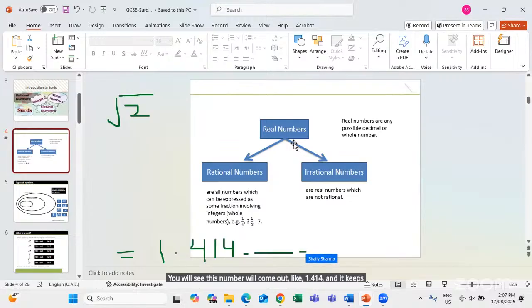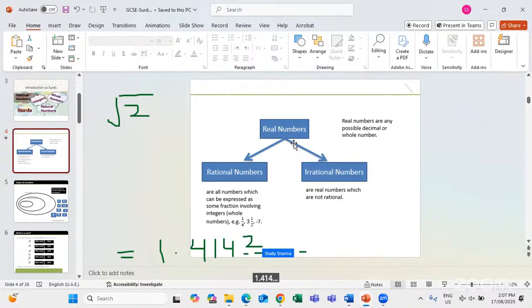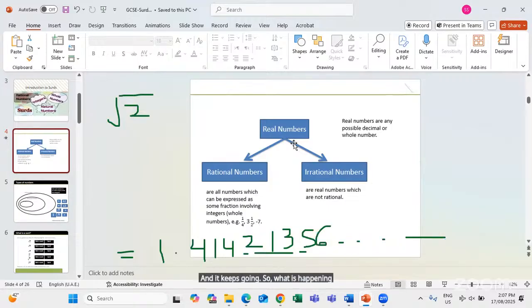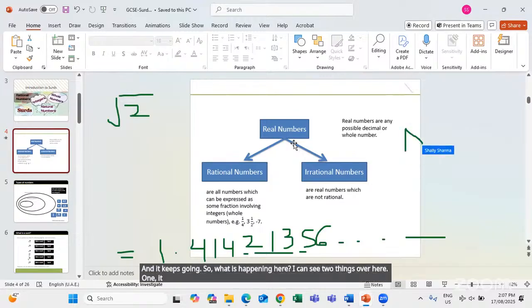It is not repeating. Okay, if I find out its exact value, square root of 2, it is coming out as 1.414 2 1356, and it keeps going. So what is happening here? I can see two things over here. One, it is non-terminating.